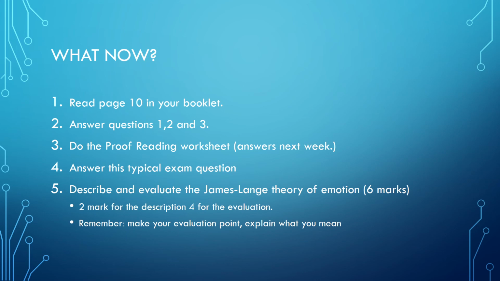So for that, you either need 2 points in depth with real life examples, or 4 points with an explanation of each. Okay, and don't forget, you must explain what that evaluation point means. It's no good saying it explains phobias. You need to explain how it explains phobias.